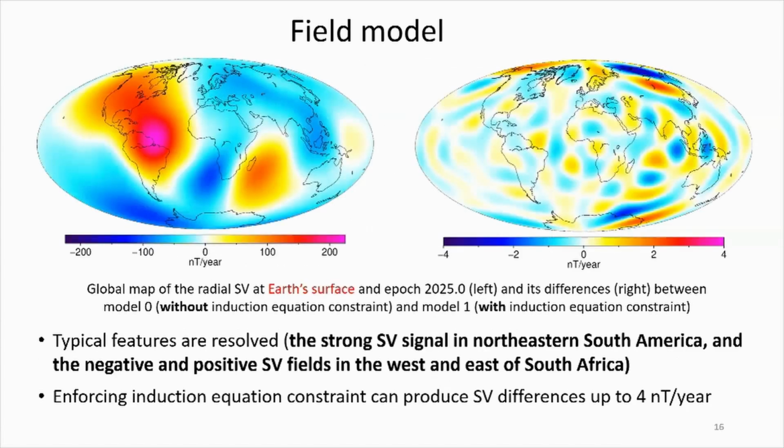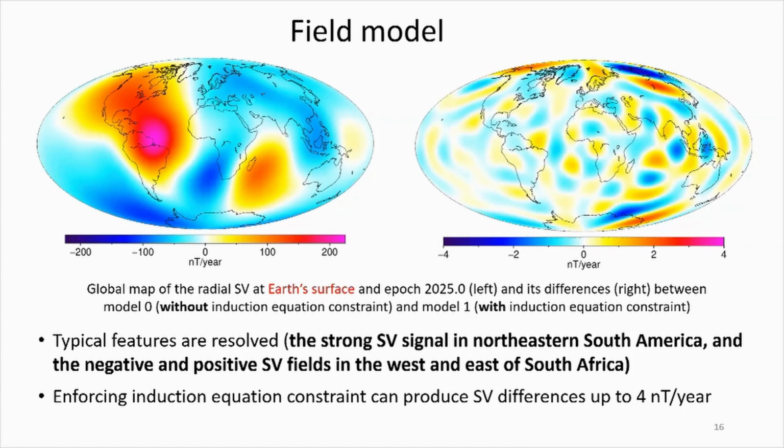Here, I show the global map of the secular variation at the Earth surface on the left, and also the difference between model 0 and model 1 in the right panel. Our model resolves the typical structure of the secular variation at the Earth surface.